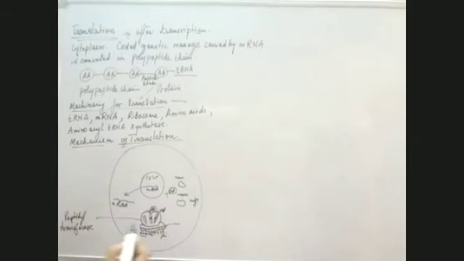Between the amino acids. Methionine is one amino acid, valine is another amino acid. So a peptide bond will be formed in between the two, but the codes also have to be read.